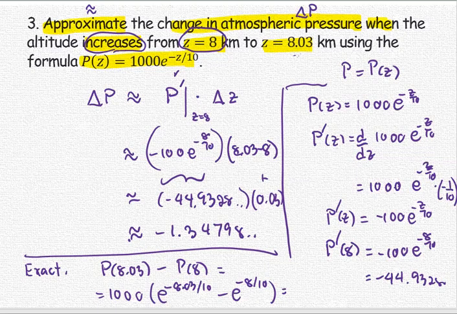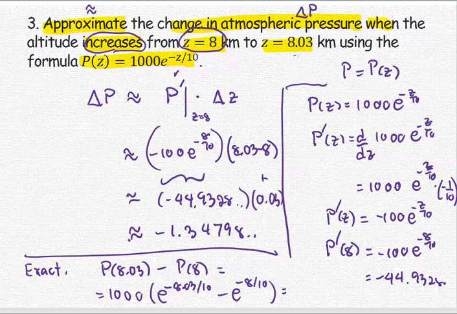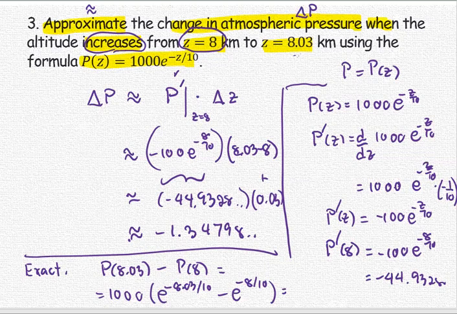Negative 804. Just 1 second. I put the decimal place in the wrong one.